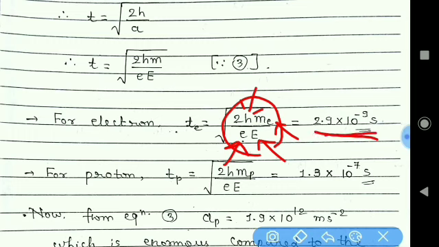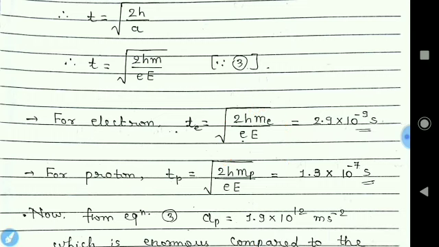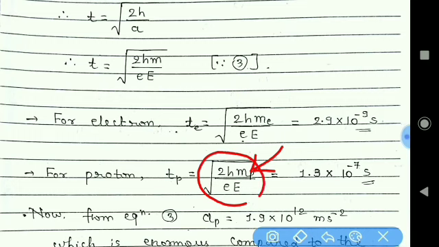Now if you want to find the time taken by the proton, then we have to put the mass of the proton. Other values are given, and after calculation you will get the time taken by the proton to cover that distance, that is 1.5 centimeter.